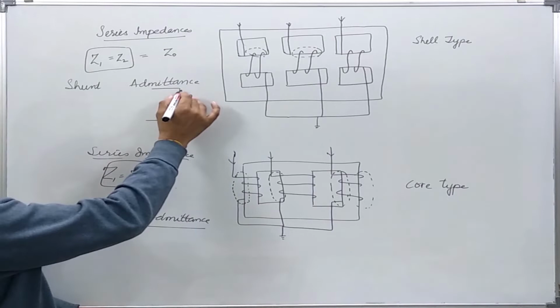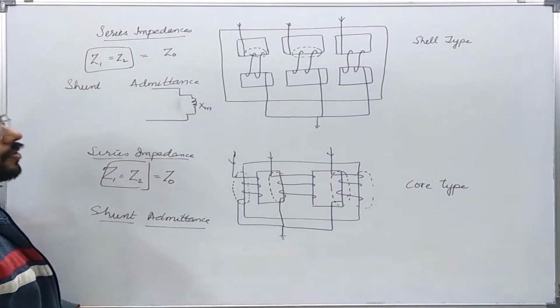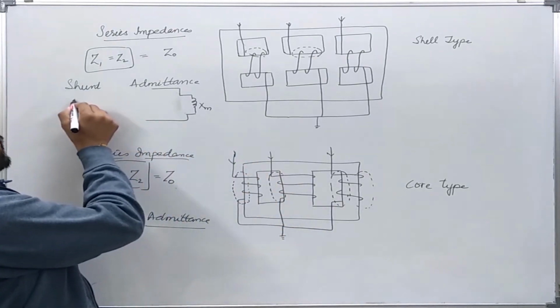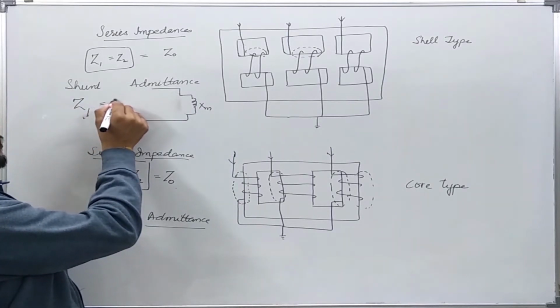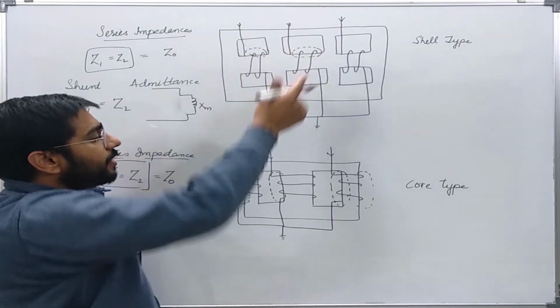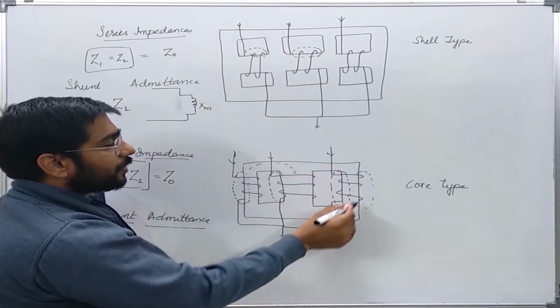So this shunt admittance offered to the flow of excitation current for the positive sequence and the negative sequence will be equal, because the flux will have the same path in the iron for the positive sequence and the negative sequence.